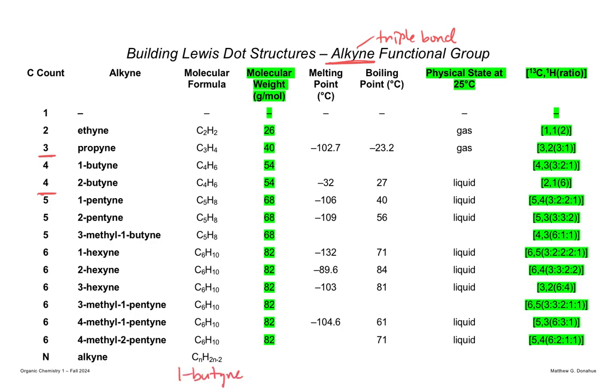So the "but" says there's 4 carbons, the "yne" says there is a triple bond, and the 1 says the triple bond starts at carbon 1. So 2-butyne, now the triple bond starts at carbon 2.